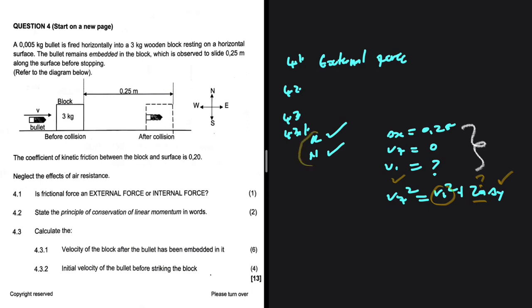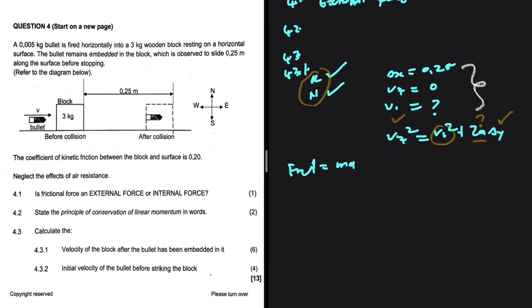We can use F net. F net is equal to MA. There's only one force acting on our object, the frictional force. So the frictional force is equal to MA in this instance. The coefficient of kinetic friction is 0.2, and we multiply that by the normal force. The normal force is the mass multiplied by 9.8. What is the mass?